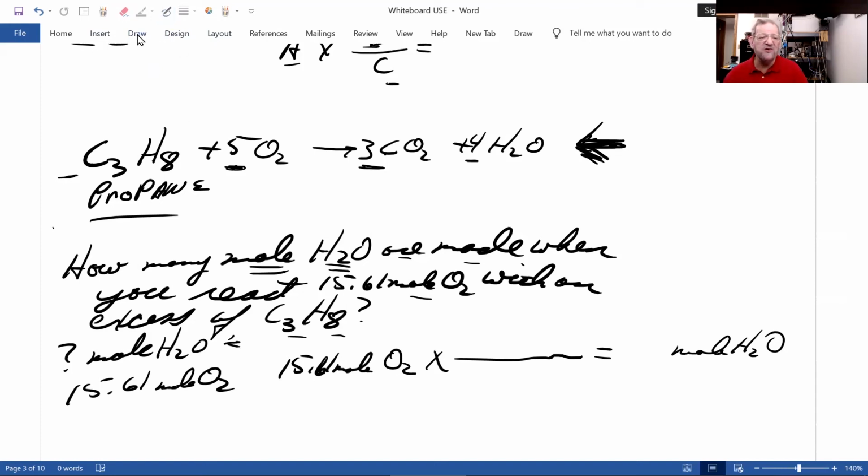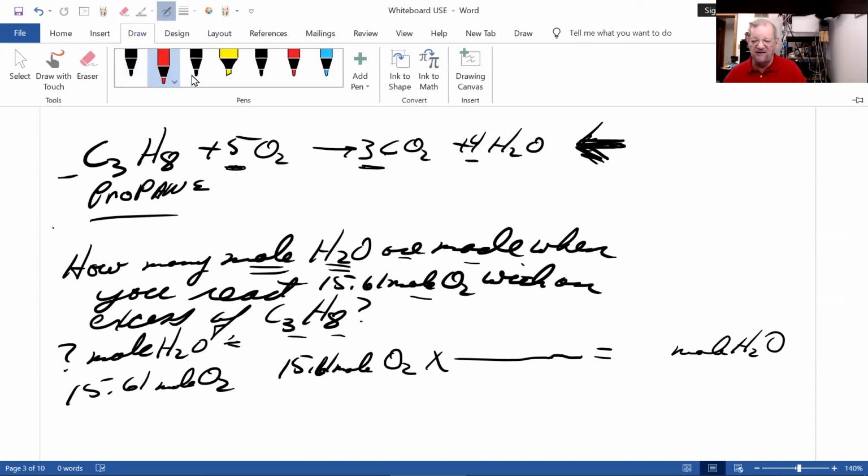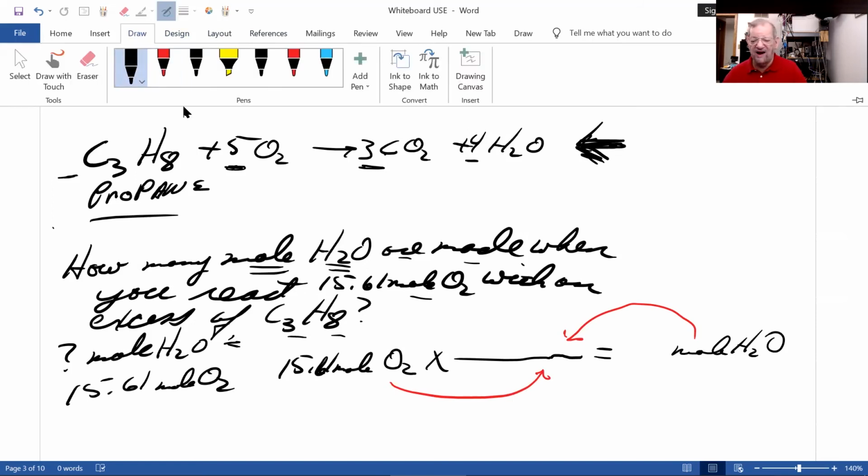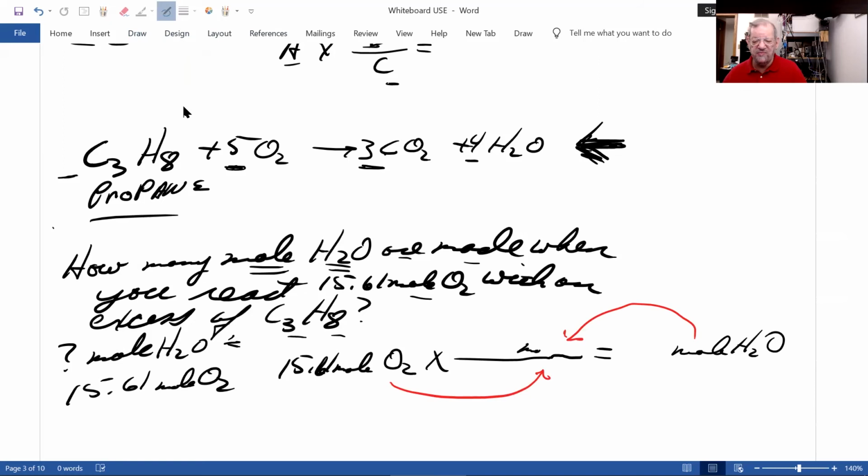And now I'm going to use my good buddy, my good friend, unit analysis. Whatever I'm trying to get to goes on top of the ratio. Whatever I'm trying to get rid of goes underneath. And now I'll write those in. On top, I want moles of water. Underneath, I want moles of O2. Where do I get those numbers?